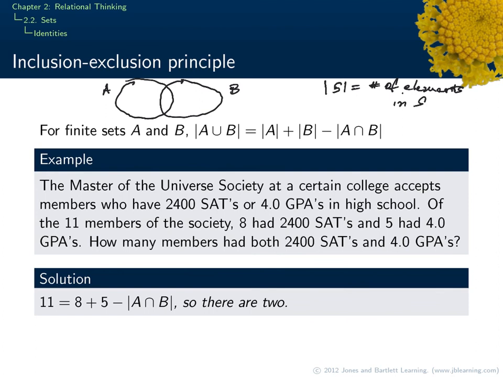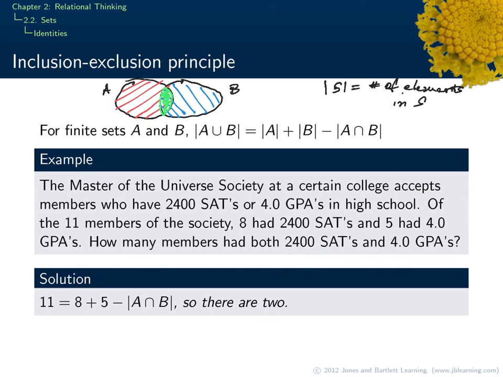So the natural thing to do, maybe, would be to first take the set A and count everything in A. And then I turn my attention to B and I count all of the objects in B. And I put those two counts together, but then I realize that in this central area, that is, in this intersection, I have counted those objects twice.